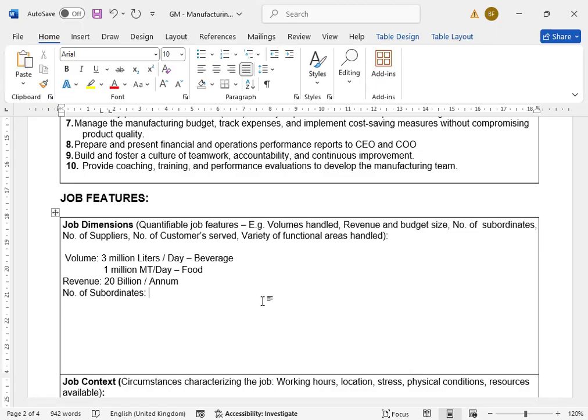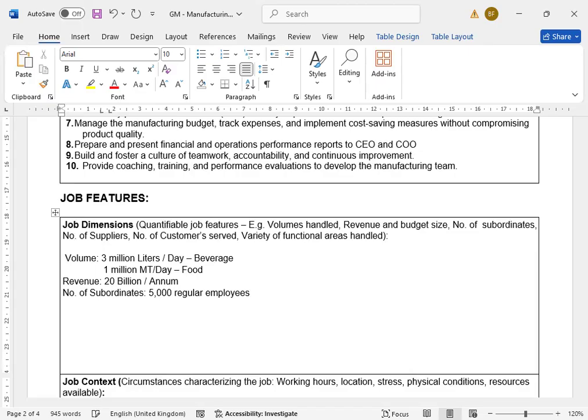That's not good. But if you have, let's say for general managers, 5,000 regular employees under him, that will add to the score that he will receive, and the size will increase.